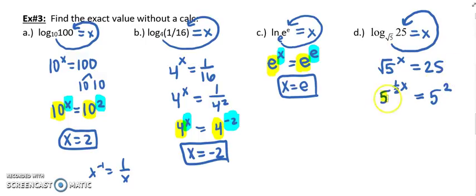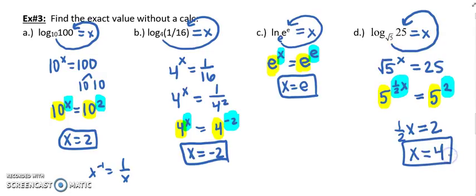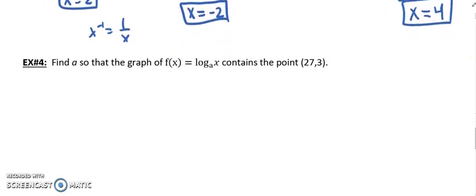The 5's match, and then 1/2 x would have to match with 2. To solve, we multiply both sides by 2, and x equals 4. Rewatch this if you need to see it a second time.